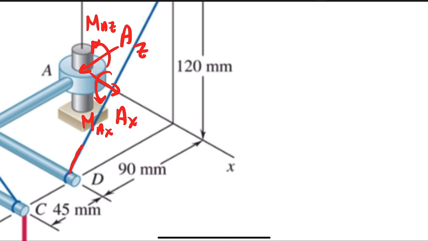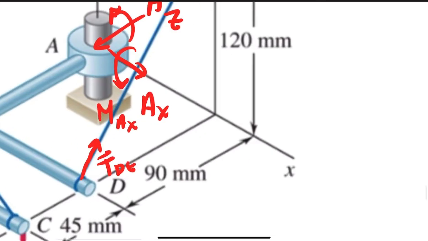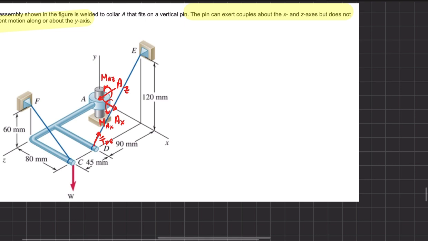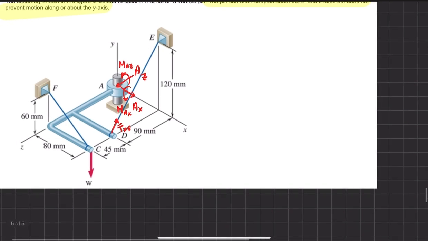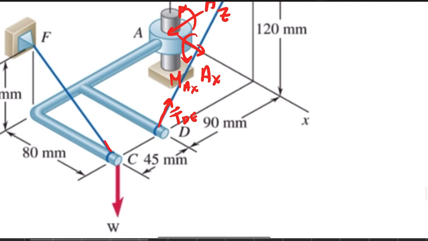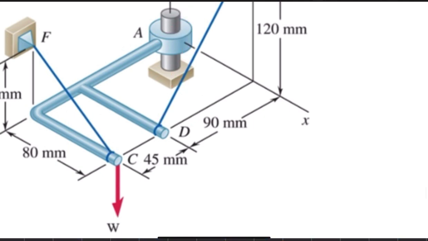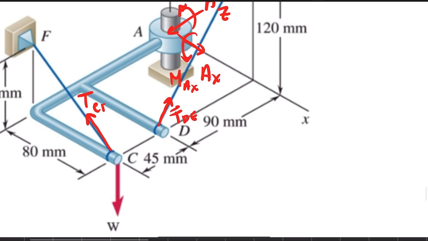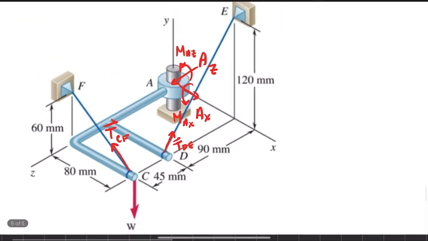We also have tension pointing from D to E right there. We also have the weight going down, and we also have TCF. That is all the forces in our free body diagram.